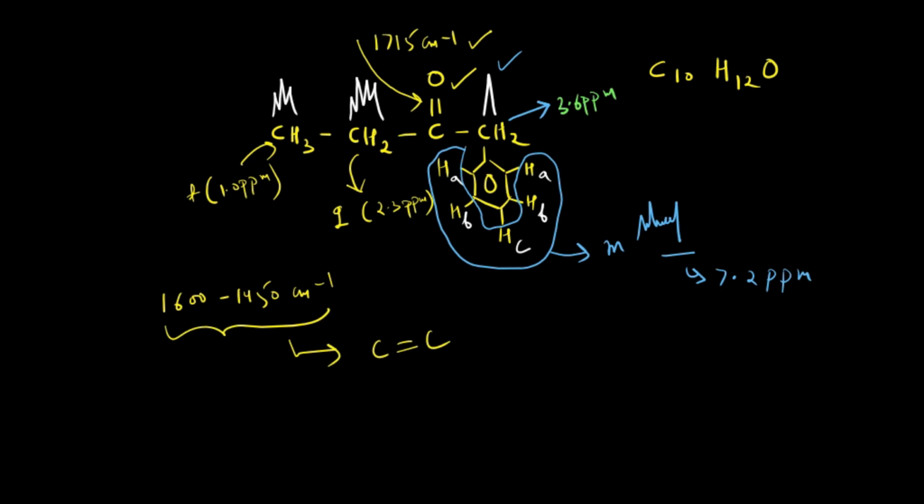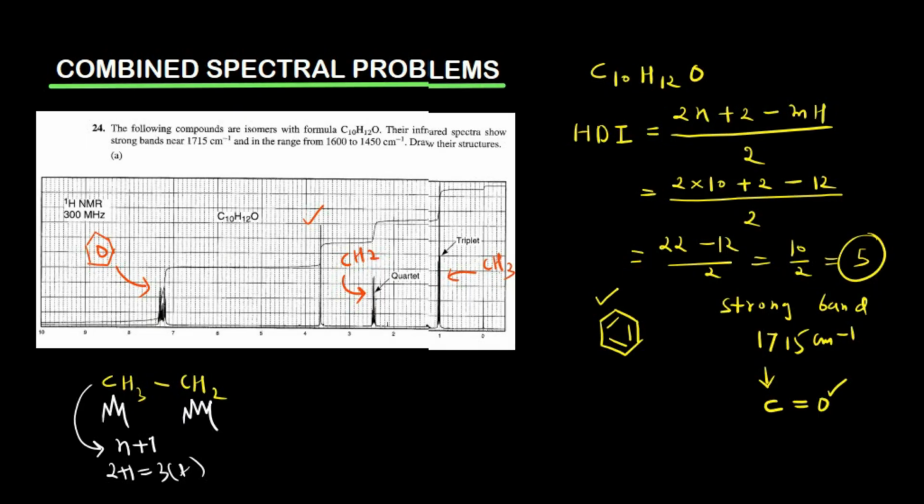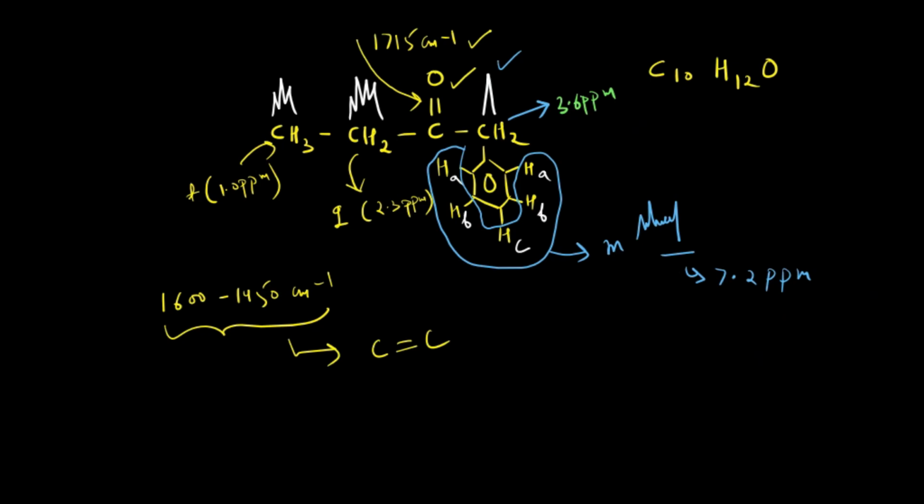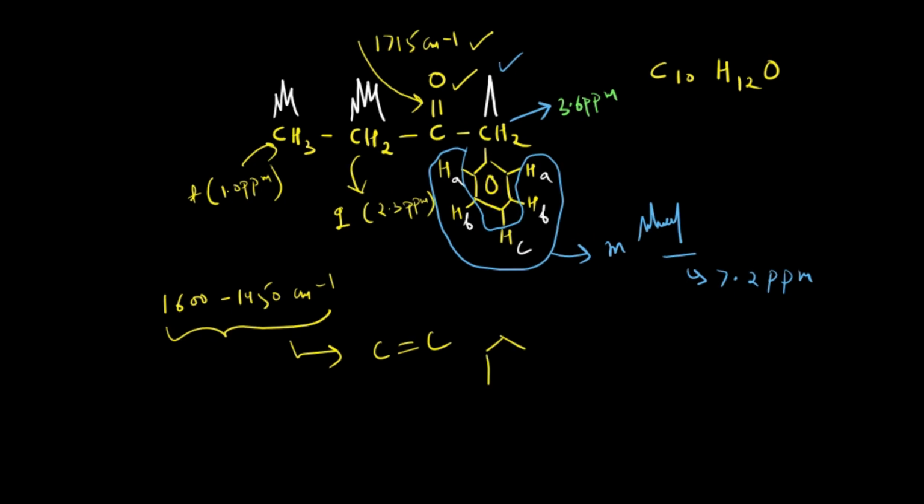And you have a number of bands in this particular range, very strong bands. So these bands are due to the presence of the double bonds in the benzene ring, right? So this signal is due to these double bonds.